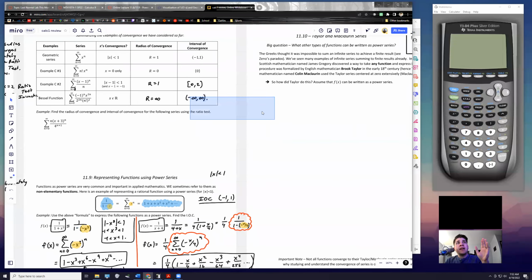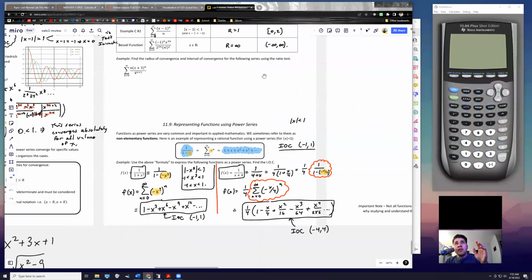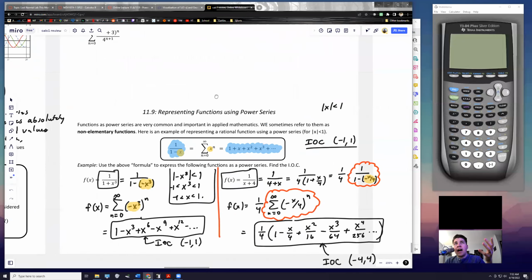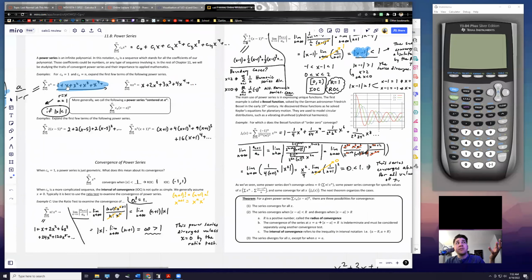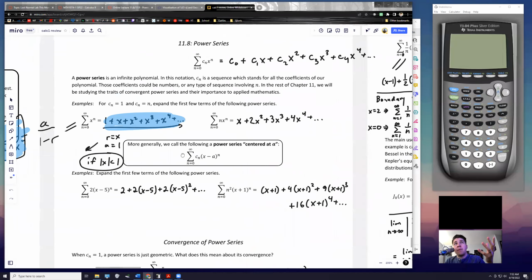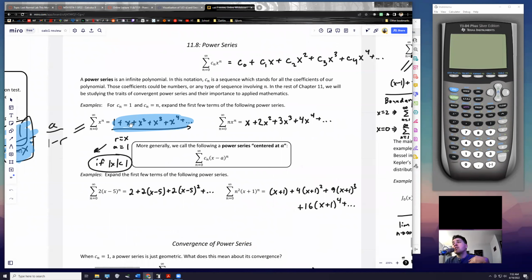So a quick recap. The idea that I left off with in the lecture videos was, how can we use a power series? We looked at some examples of power series. Essentially, it's an infinite polynomial, and it can have any series of coefficients. It can even be centered at another value. The only difference is a power series centered at 0 will just look like x squared, x cubed, blah, blah, blah.